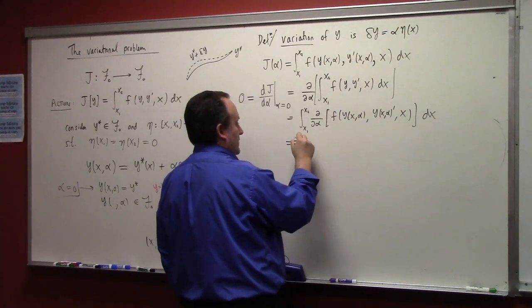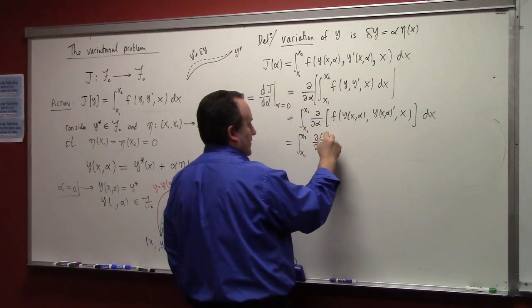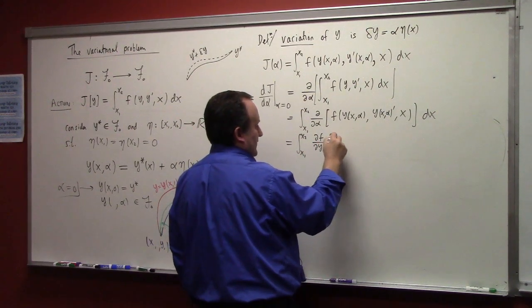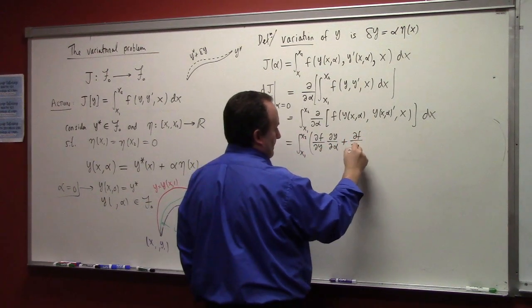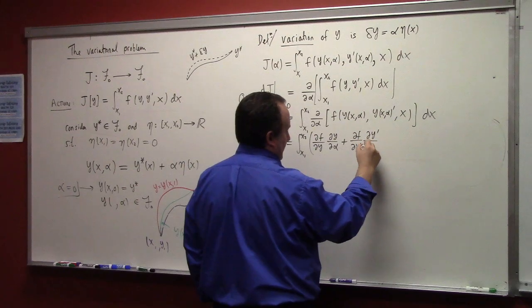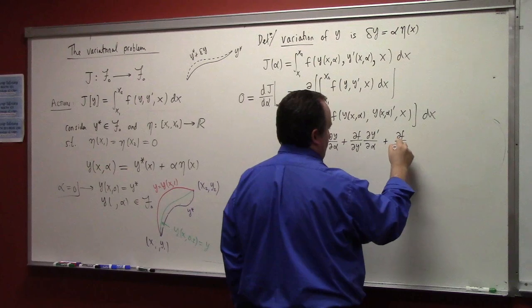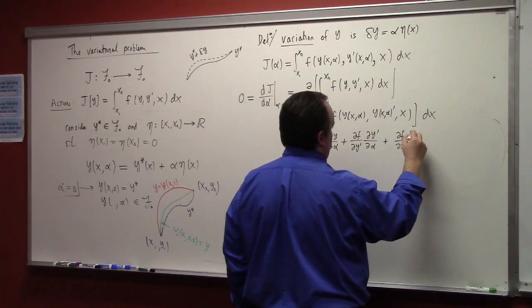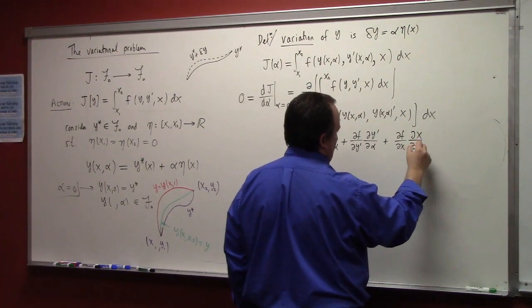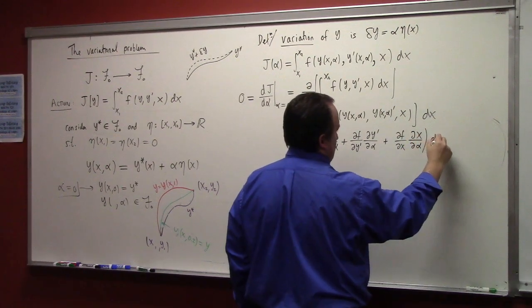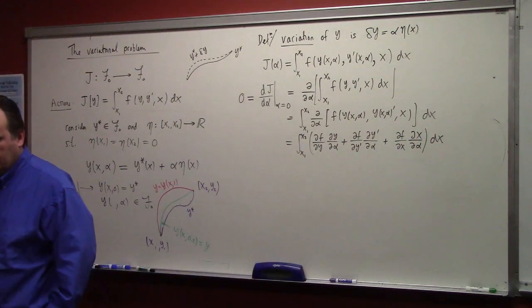It looks like the integral from x1 to x2 of partial f partial y, partial y partial alpha, plus partial f partial y prime, partial y prime partial alpha, and then plus partial f partial x, partial x partial alpha, dx. Because those are the three variables for f.